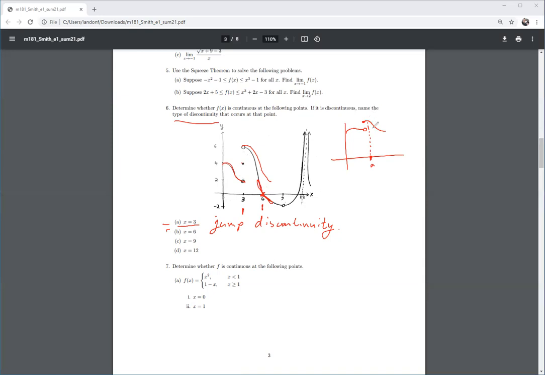At point A, would this be continuous or discontinuous? Continuous. Yeah, exactly. This is kind of a tricky one. We're really close to the discontinuity, but we're actually continuous because if we were to zoom in, there's a small neighborhood around the point A. As long as you can draw a neighborhood around it, you're good.